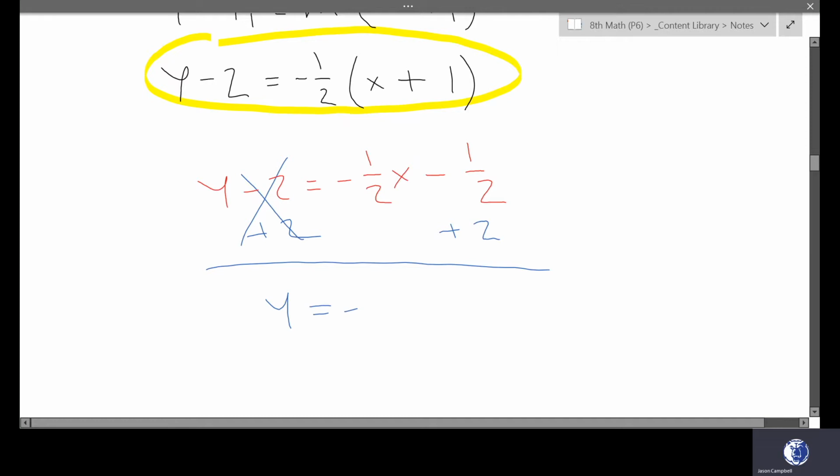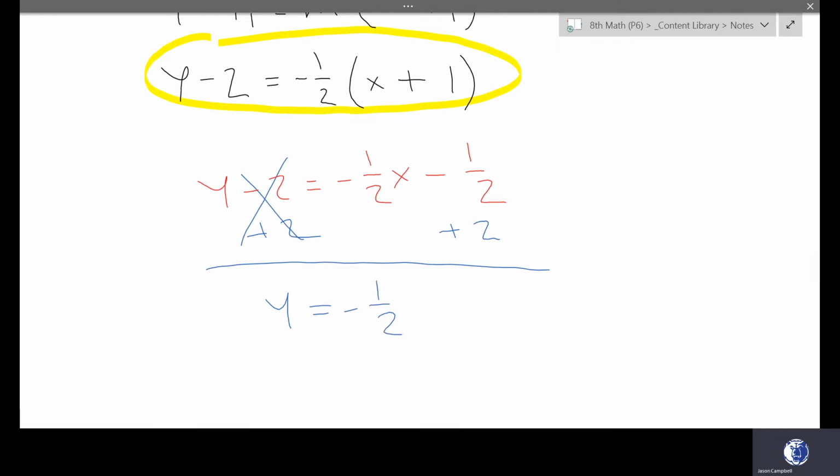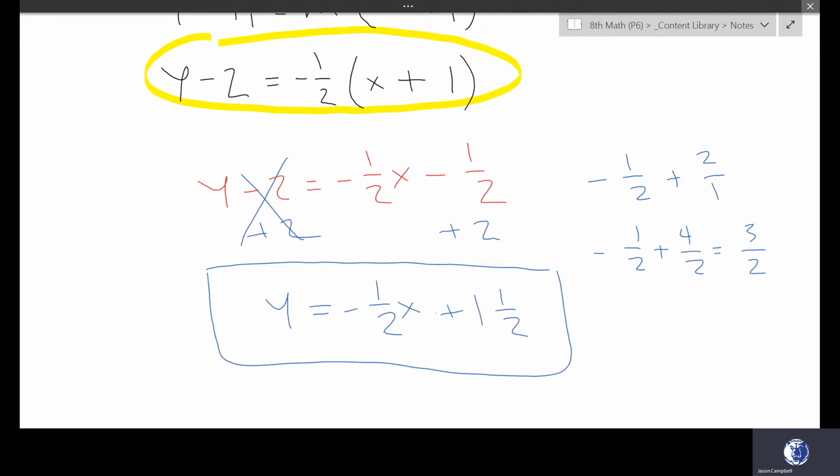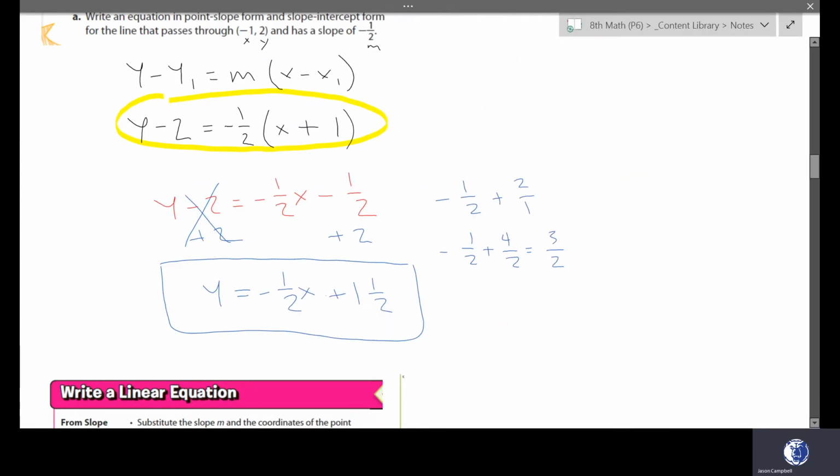Okay, y is equal to -1/2 x, -1/2 add 2 is equal to 3/2, or 1 1/2. So there's the equation in point-slope and then slope-intercept form.